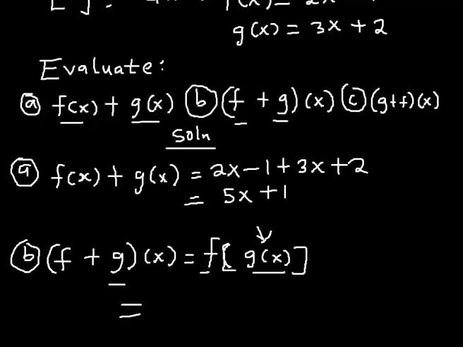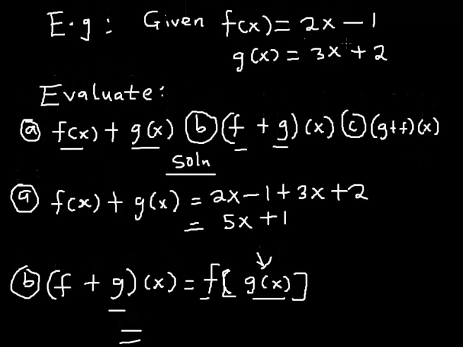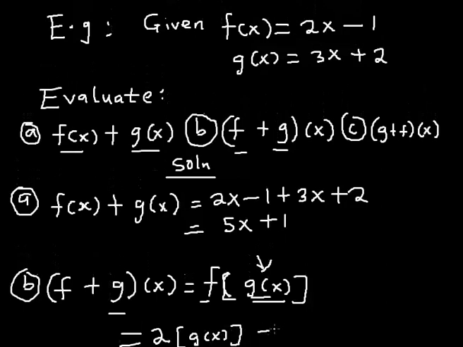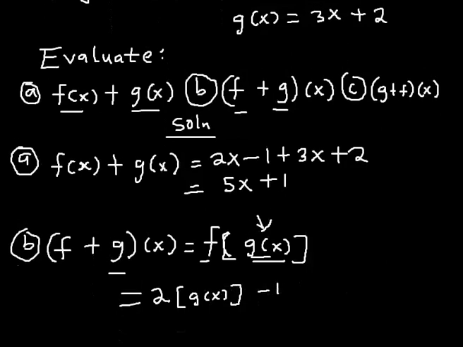Already my f is 2x. Remember, x now is being replaced by g of x. So instead of saying 2x, I will now say 2g of x, then of course minus 1. So now let's expand that.